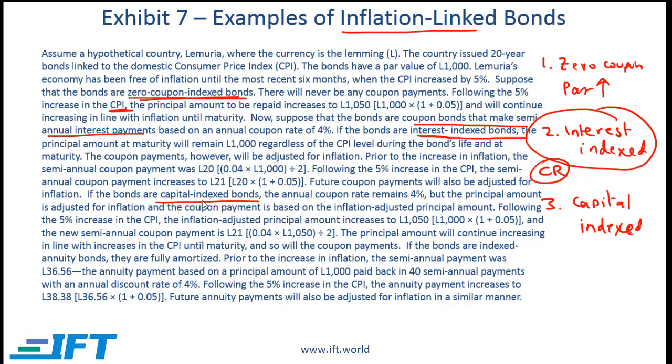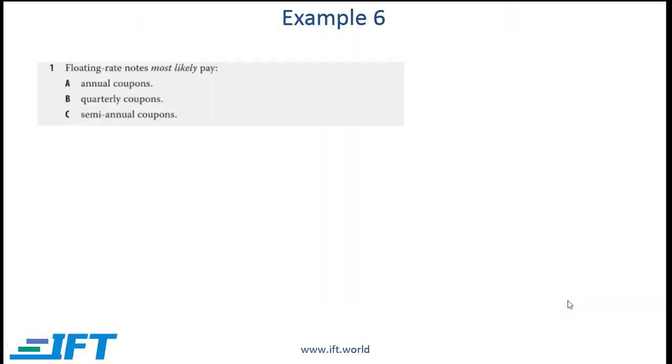But notice that if the par value is adjusted based on inflation and the coupon rate remains the same, when we multiply the coupon rate by the par value, the amount of money that the investor gets is obviously going to be higher. Now let's look at some questions from example 6.